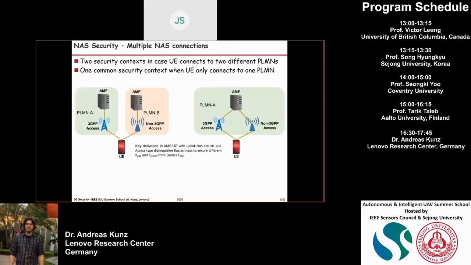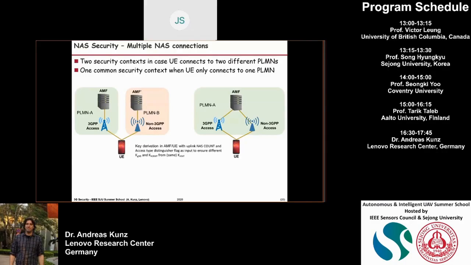There are now multiple NAS connections possible. This is because the non-3GPP access is treated now in the same way as the 3GPP access. So we can have primary authentication running over non-3GPP access, which could be a wireless LAN, and over the 3GPP access like 5G. And there are two possibilities.